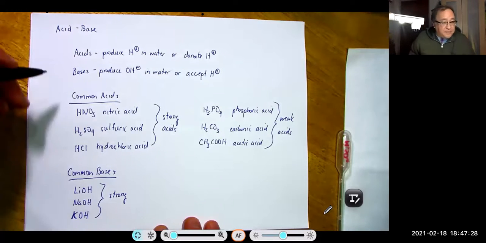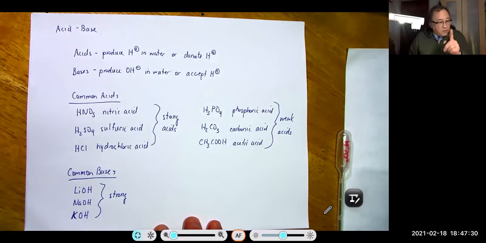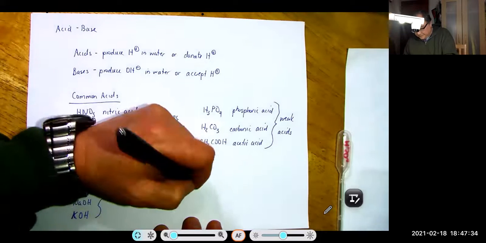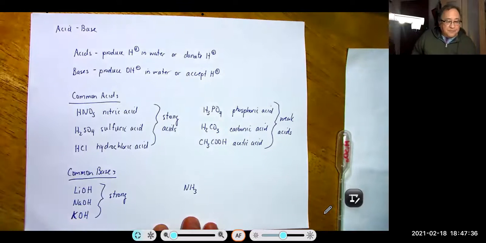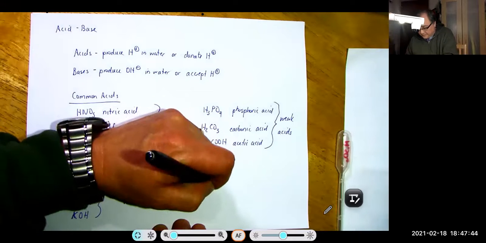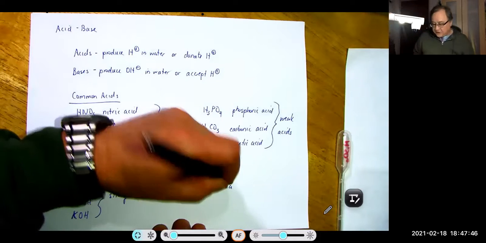And then there's some weak bases. Actually, there's only one that you need to know. This one. It looks a lot like the ammonium ion that we learned before, but it's not an ion. It's called ammonia.